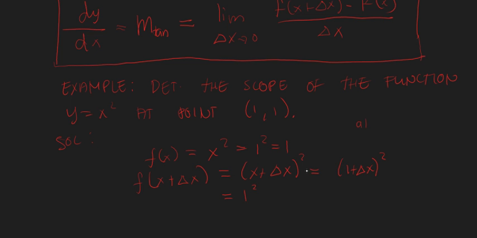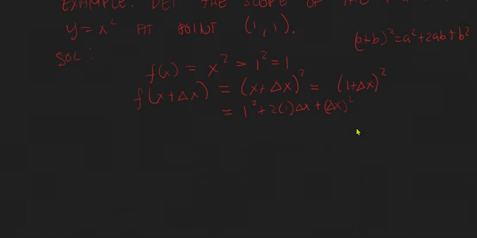Remember the expansion in algebra, a plus b squared is equal to a squared plus 2ab plus b squared. A is 1, so 1 squared, plus 2 times ab. A is 1 times b is delta x, so 2 times 1 times delta x. Then plus b squared, b is delta x here, so delta x squared. So that will be f of x plus delta x.